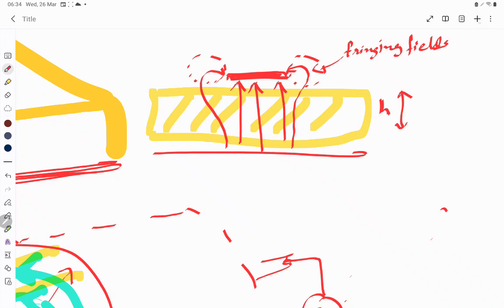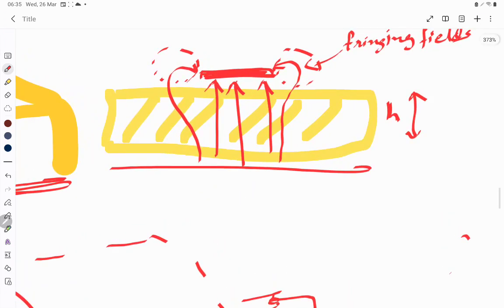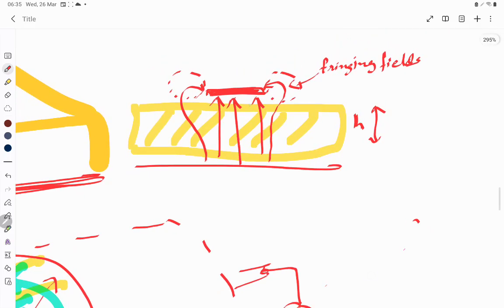So now one question might come: how much of the electric field will be inside the substrate, and how much of it will go to air and come like this?